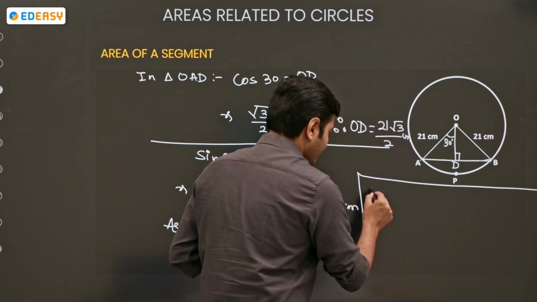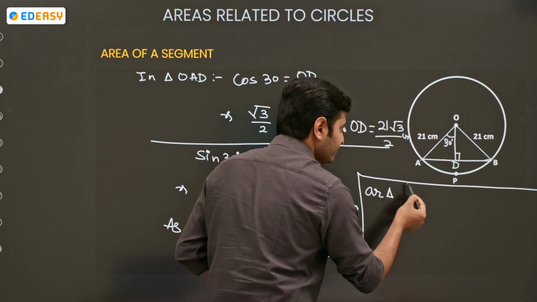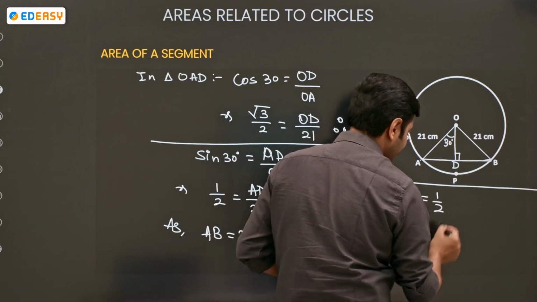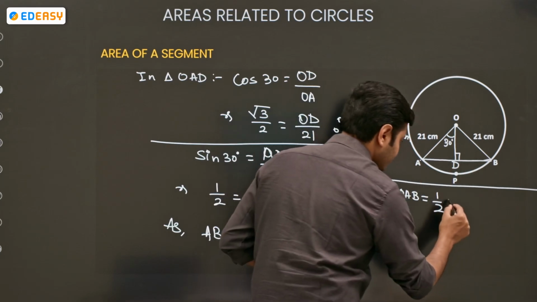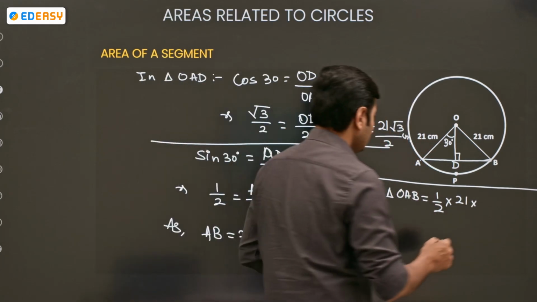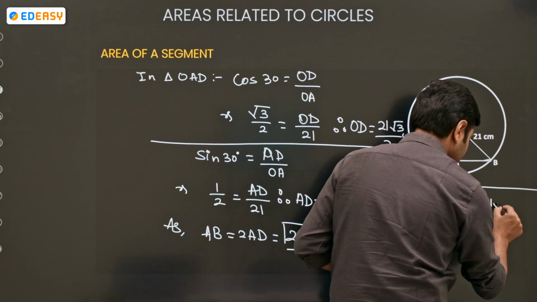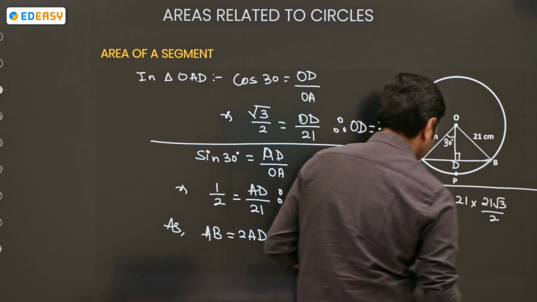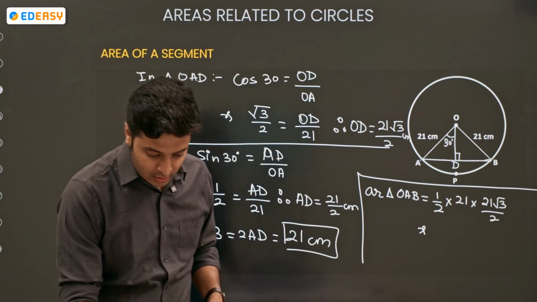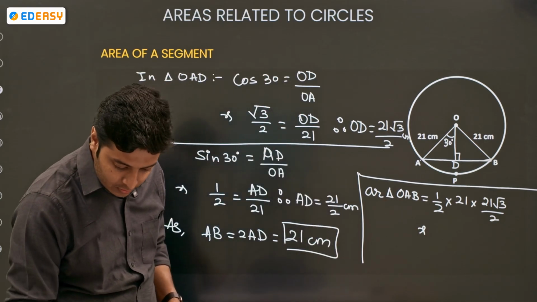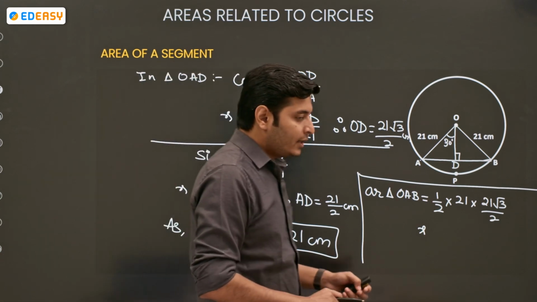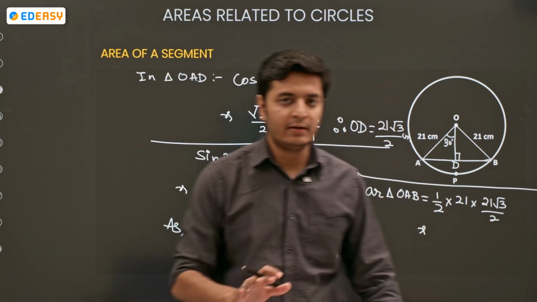So, area of triangle OAB is equal to half into base AB, that is 21, into height, that is 21 root 3 by 2. Now, 21 into 21, 21 square. So, the value will come out as 190.95 something.